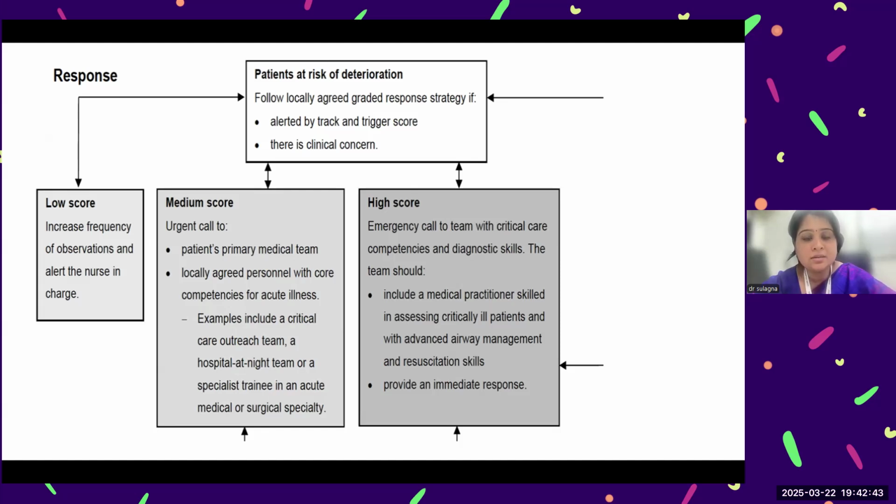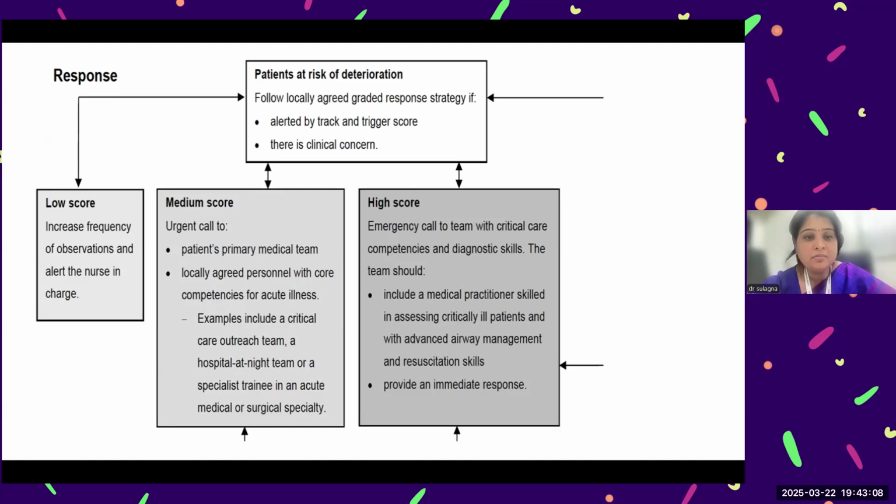Once a risk of deterioration is identified, the nursing team will alert by a track and trigger score and will let the clinical team know about the clinical concern. So if it is a low score, then the frequency of observations can be increased and the nursing in charge can be informed and alerted.